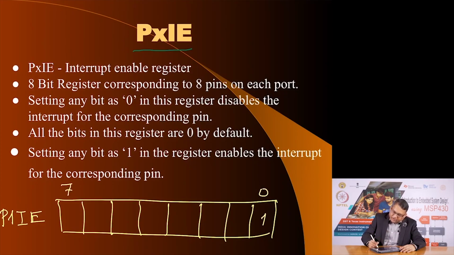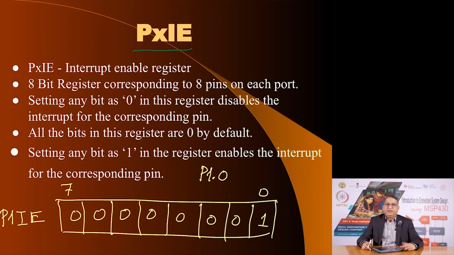If I write a 1 here, that means I want interrupt associated with P1.0, port 1 bit 0, to be enabled. Of course, a signal has to be applied to port 1 bit 0 for interrupt to actually happen, but you are enabling it, and if you want to disable it, you write a 0. So, if I write 0 in the rest, that means I do not want to be interrupted by any signal on any of the pins of port 1 except bit 0. This is the interpretation of port 1 interrupt enable register.